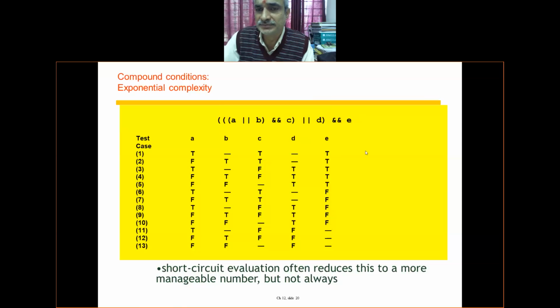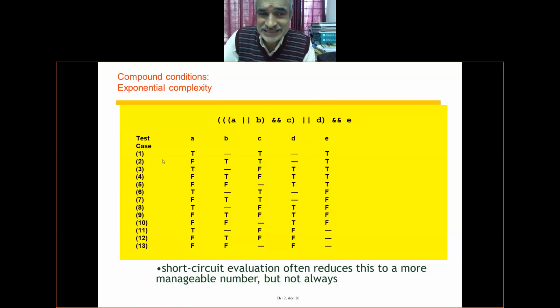Are you clear? Now, if A equal to false, then B equal to true, C equal to true, and this true, here also the entire condition is evaluated.